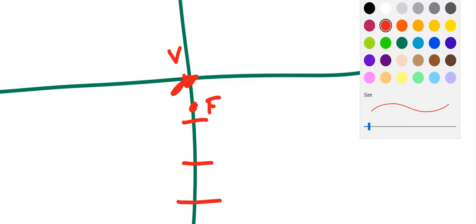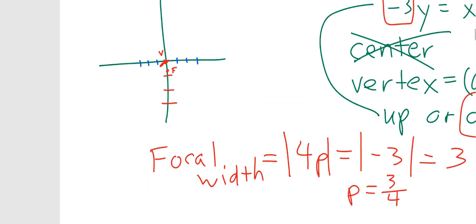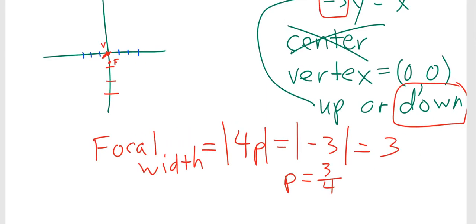So I'm graphing this thing. And I come down 3/4 of a unit. So here's my vertex. Here's my focus. How far right and left do I go? Remember, we've got to use that focal width. How wide is it at that point through the focus?